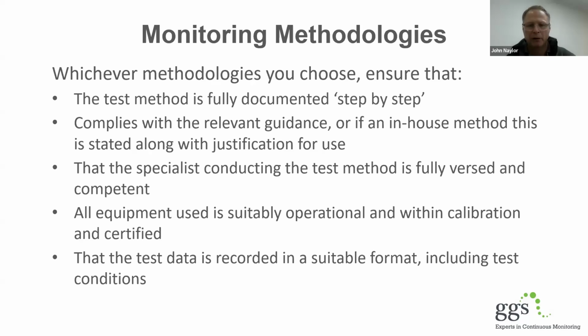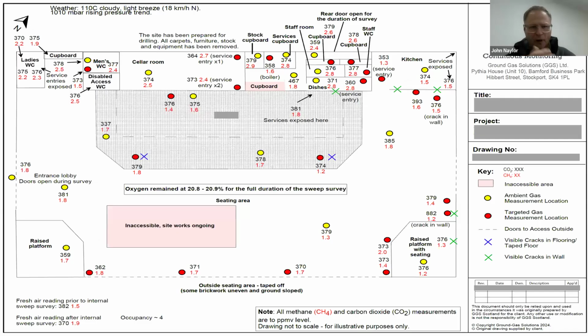Okay, and when you're recording this data, make sure that it's done in the context of what's going on. So here's a small example of an internal survey that we've done, and we've tried to detail carbon dioxide, methane at different positions. We've tried to identify cracks in the floor and the walls, all kinds of details in there that would help a risk assessor to understand what's going on.